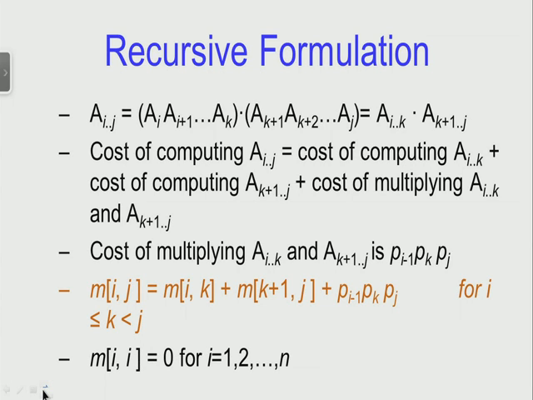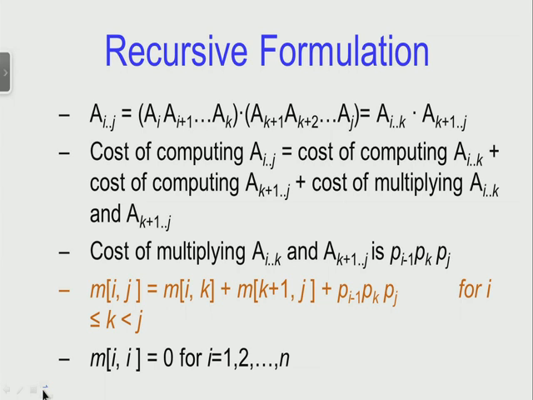So, we specify the recurrence now completely, which says that the minimum number of scalar multiplications for multiplying the chain A i to A j is equal to m of i comma k plus m of k plus 1 comma j plus p i minus 1 multiplied by p k multiplied by p j for k between i and j.